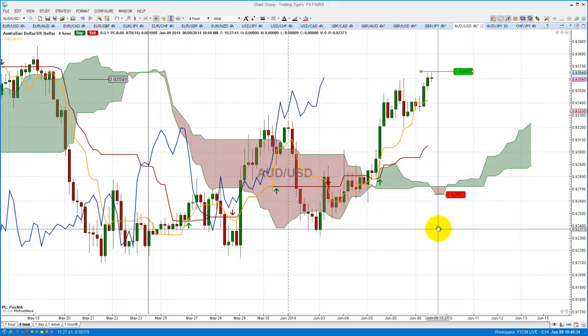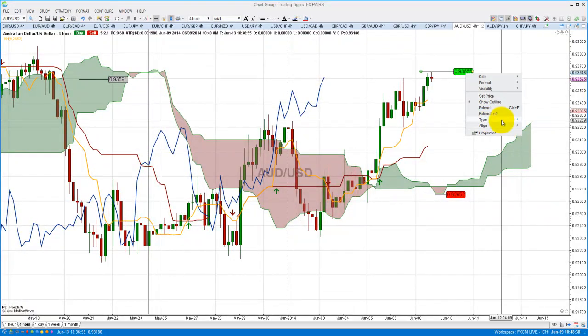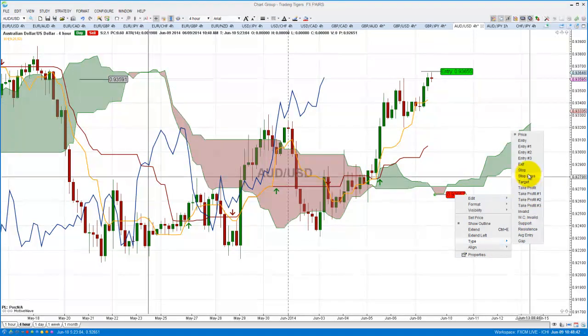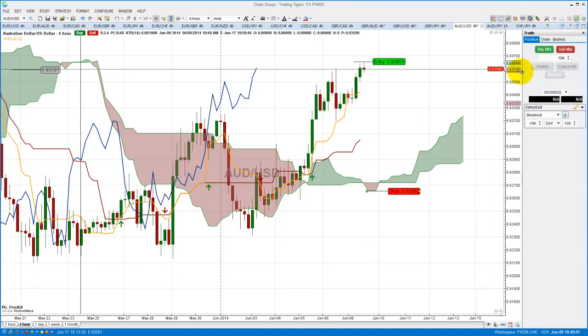In fact, that's a very nice long position right now to be in if we're in there. Entry, stop loss. Okay, so entry for the Aussie US 0.9365 and stop loss at 0.92652, and I'll put that entry in right now to be sure that I'm going to be kicked into that trade.